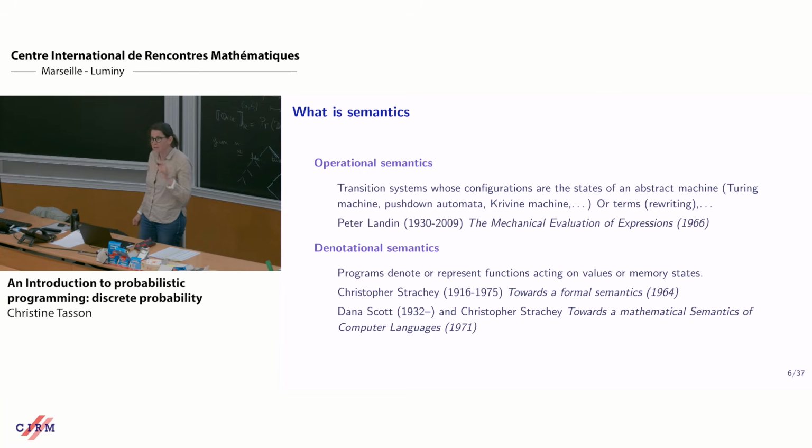And the second stream of semantics is denotational semantics, where programs denote or represent functions that act on values or on memory states. Okay, and you can also read this article by Scott and Strachey, which introduced the denotational semantics.